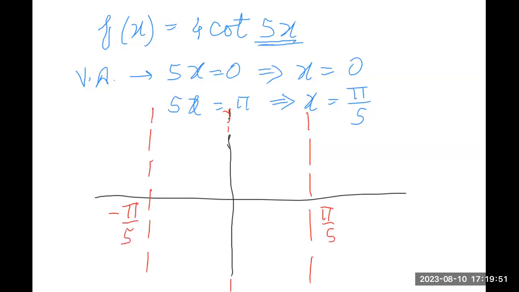The graph of the cotangent function is a decreasing function. So it's going to go like this.